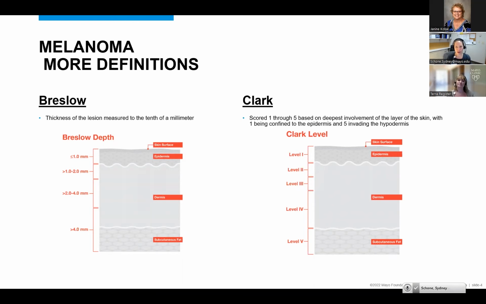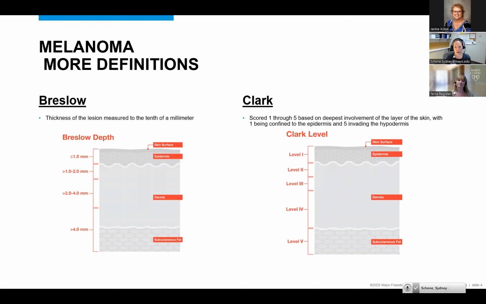It's been replaced by the American Joint Committee on Cancer staging system, but we have seen it in our past, so it may or may not still be in the literature. The AJCC system assigns staging based on tumor, node, and metastasis scores and other prognostic factors.